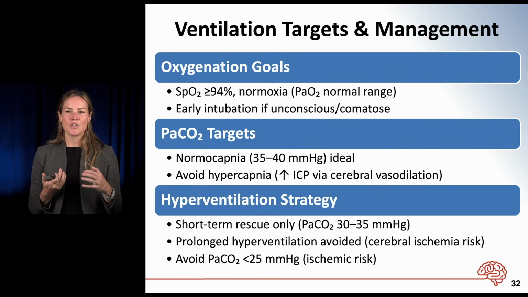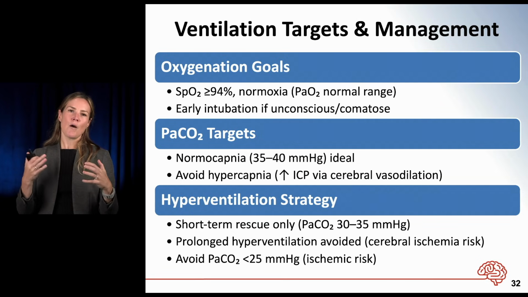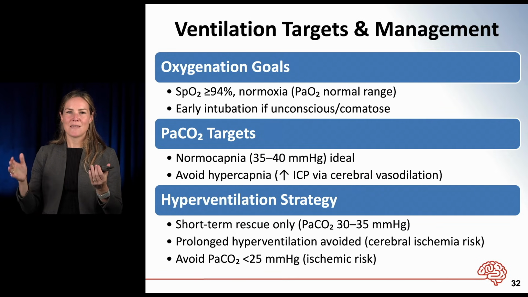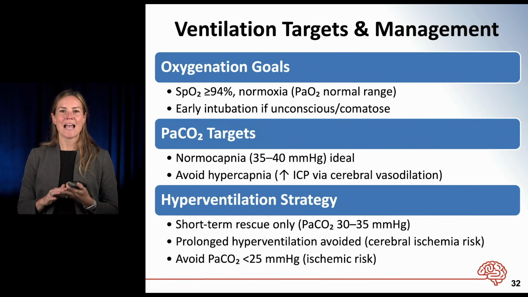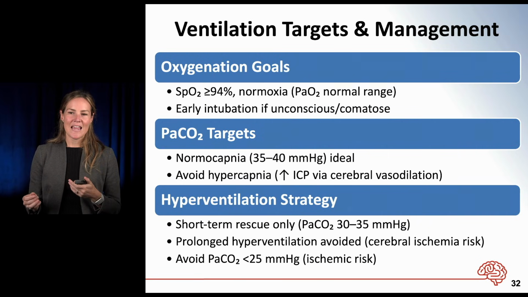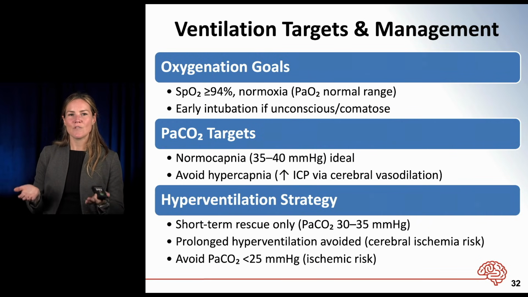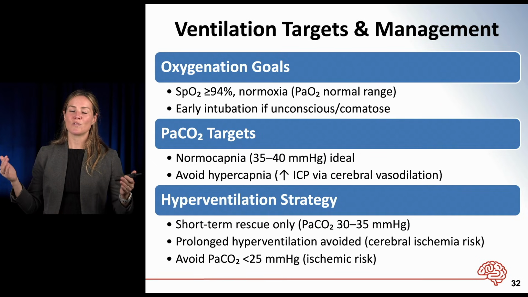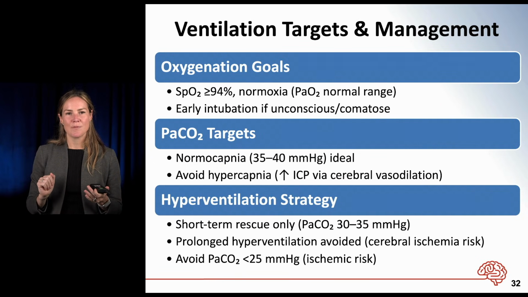CO2 is really potent in managing our pH. You can imagine for a pH that is low, so a patient who's acidotic, they are going to vasodilate. And a patient who has an increased ICP, vasodilation would result in more blood flow going to the brain. Is that going to be good for our brain?